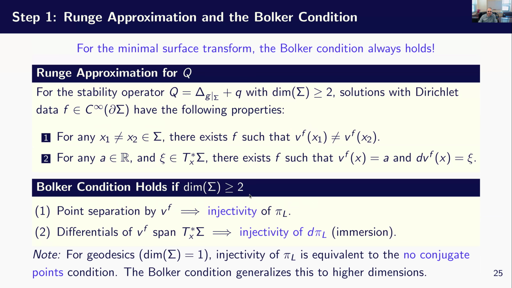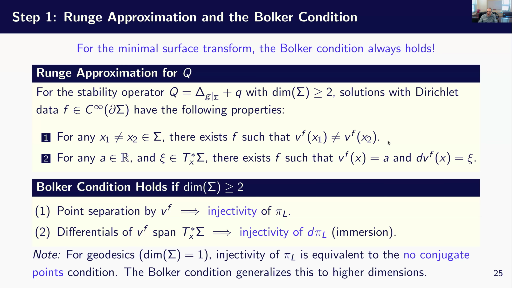Injectivity of this left projection is the same as having V of x1 not equal to V of x2 for all Dirichlet data F. If x1 is not x2, then the Runge approximation says that we can separate these points x1 and x2, so that this condition holds. So that is a contradiction.